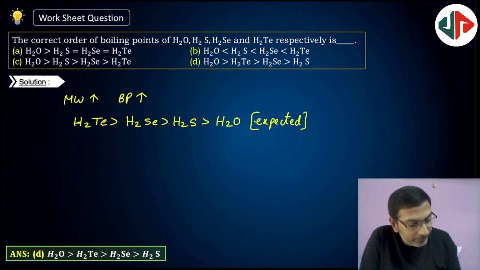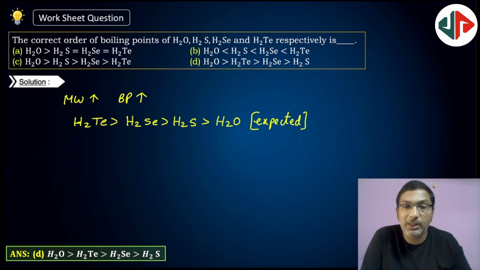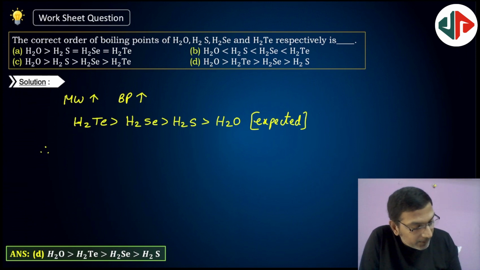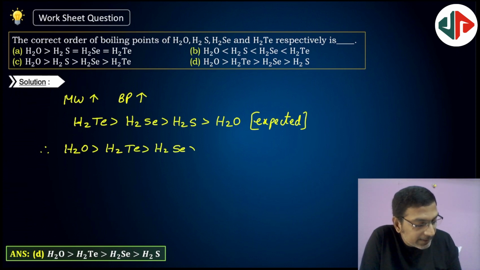But here in H2O, due to the presence of intermolecular hydrogen bonding, the boiling point will be maximum. Therefore, the order will be first H2O, next H2Te, H2Se and H2S.